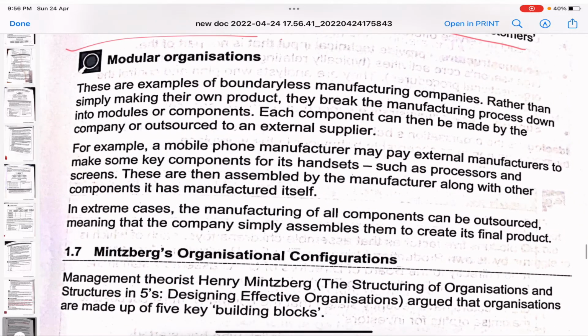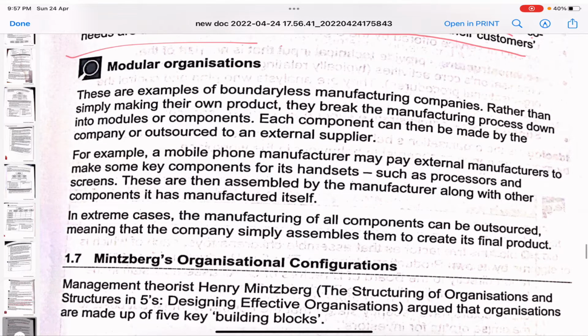So these are examples of boundaryless manufacturing companies. Rather than simply making their own product, they break the manufacturing process into modules or components. Each component can then be made by the company or outsourced to an external supplier. Modular organization, for example, Apple. The technology is given by Apple.